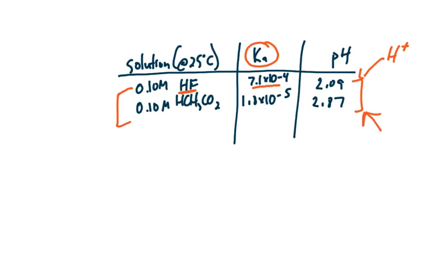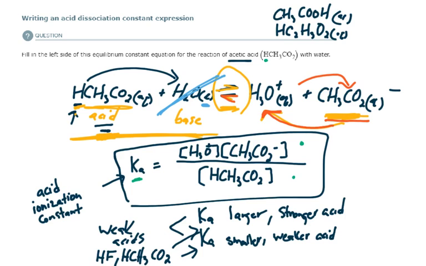And the larger the Ka, the more the acid dissociation reaction is going to favor your products. And when we're talking about the products from the dissociation of a weak acid, what are they? Well, hydronium and conjugate base. And so because the products are favored, you've got more hydronium in solution, and that is going to decrease the pH more.